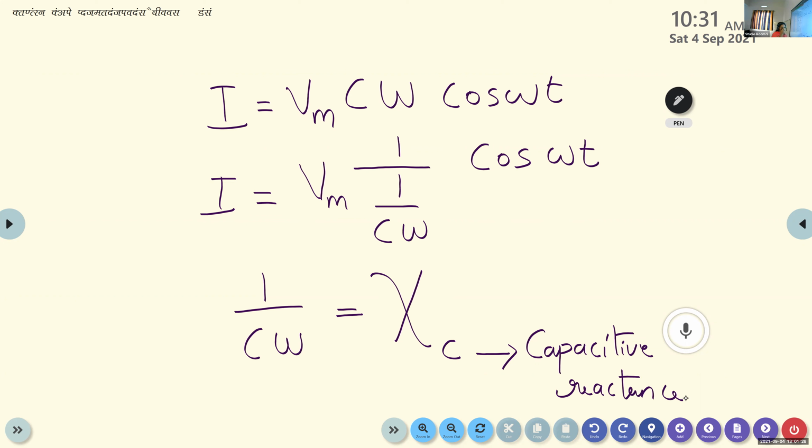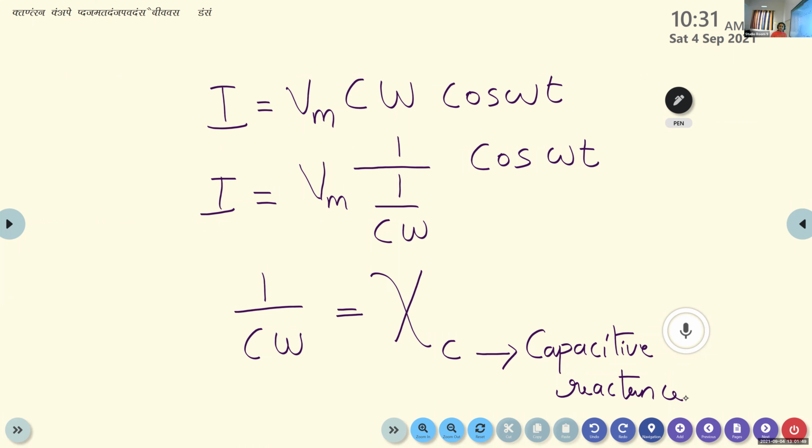So in the case of inductor, chi L represents inductive reactance. Similarly, in the case of capacitor, this 1 by C omega is equal to chi C. This chi C indicates capacitive reactance.